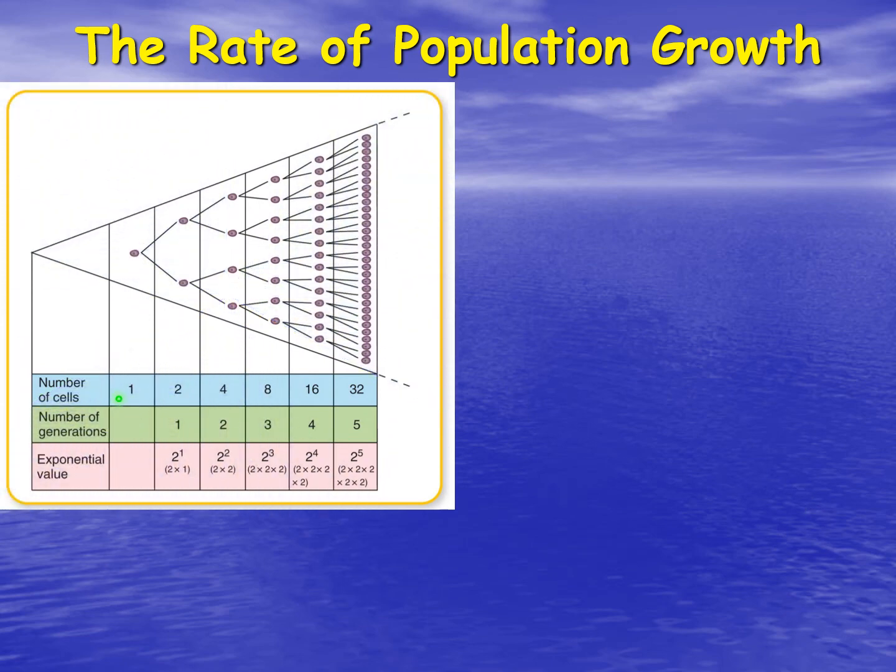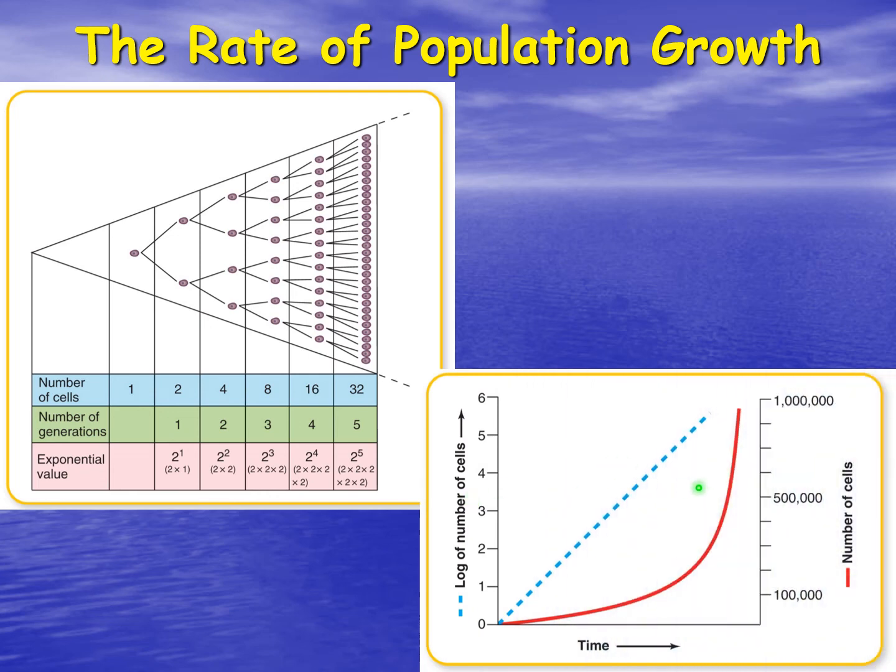So we can see if we start out with one cell and it undergoes binary fission, it becomes 2, becomes 4, 8, 16, 32. The first generation, one cell became 2, the second generation, 2 became 4, etc. And we can actually express that exponentially. So the first generation is 2 to the first, second generation 2 to the second.